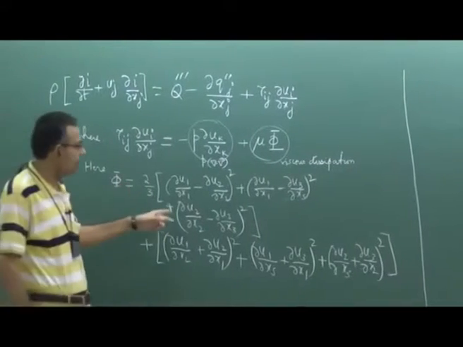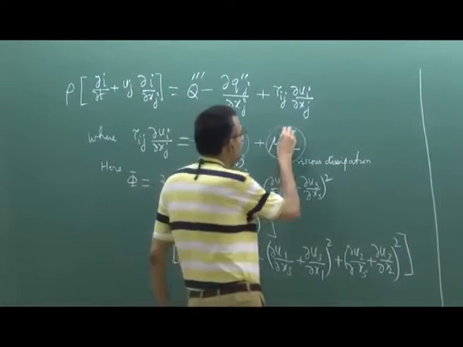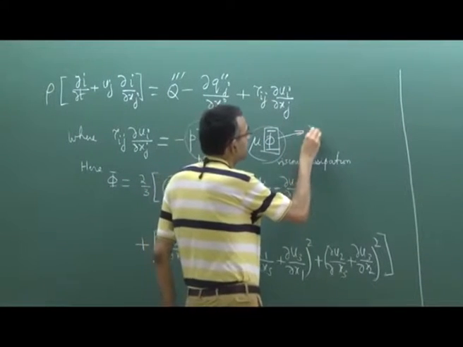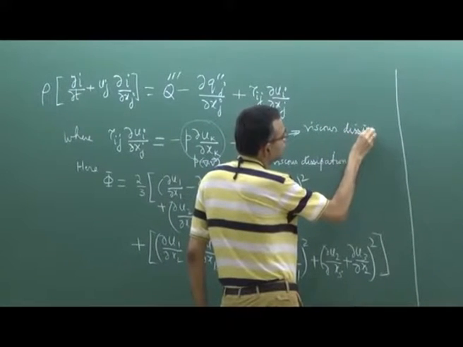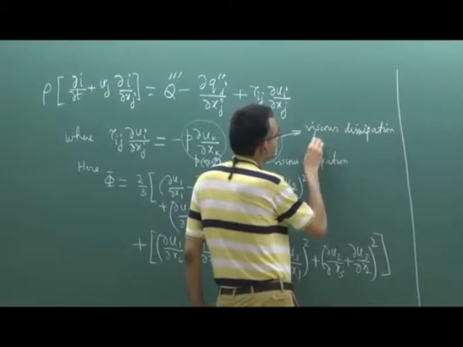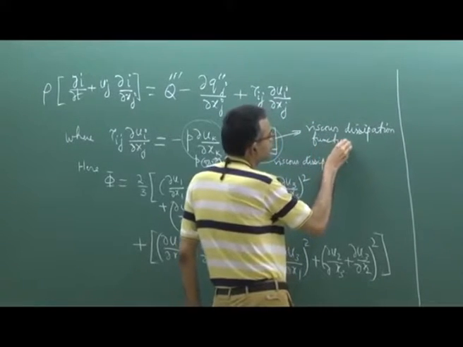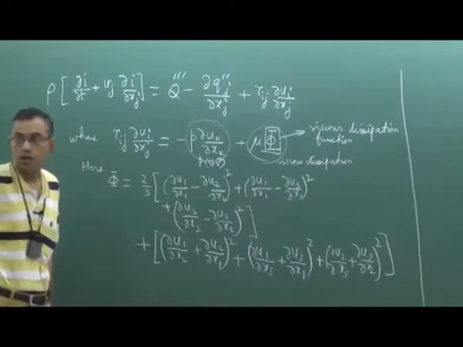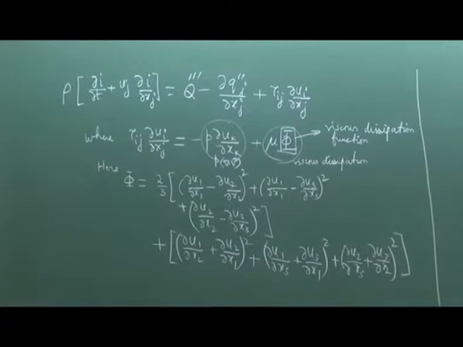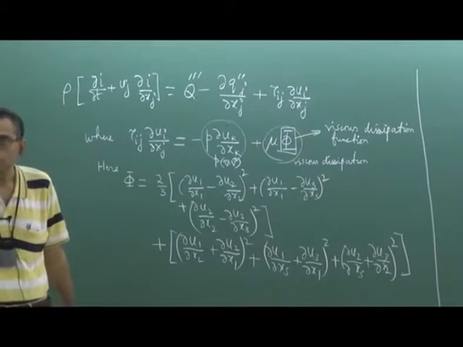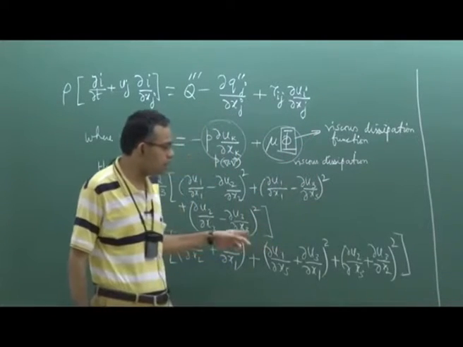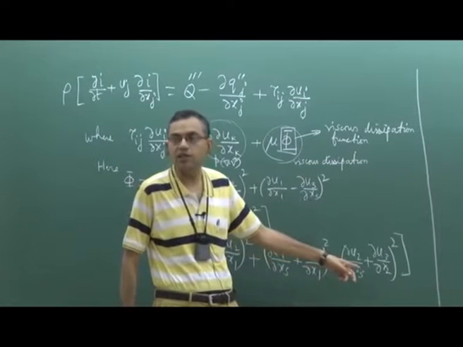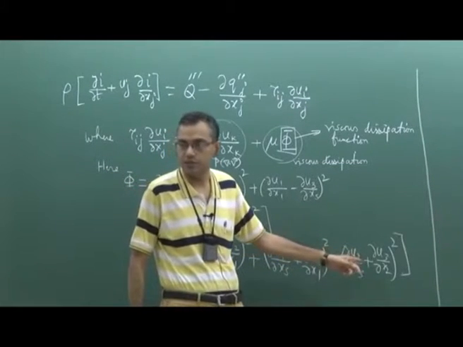You can see that this phi is called the viscous dissipation function. This viscous dissipation function is basically a function of the sum of squares of the velocity gradients, or rates of deformation.